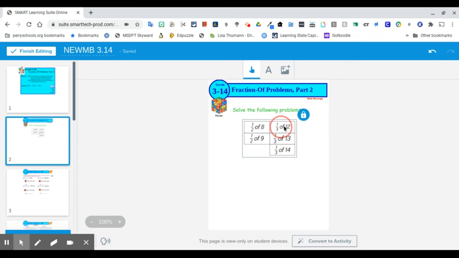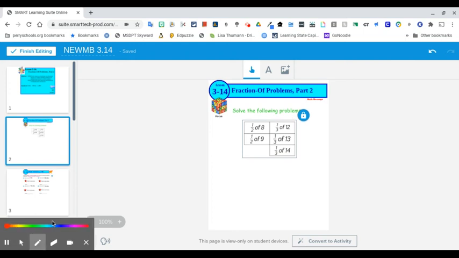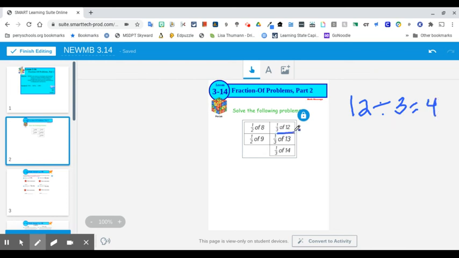The 1/3 of 12 is another one that should be fairly easy, thinking about what we did on lesson 13. If we think of taking 12 and breaking it down into 3 groups, each group would be worth 4. So 1/3 of 12 would equal 4.